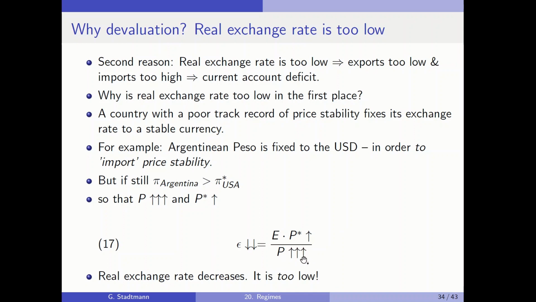So the Argentinian goods prices increase faster compared to the Americans. And therefore, we have this effect here on the real exchange rate. The real exchange rate decreases and is too low. And then, of course, one idea could be to perform a realignment, to devalue and adjust the nominal exchange rate.